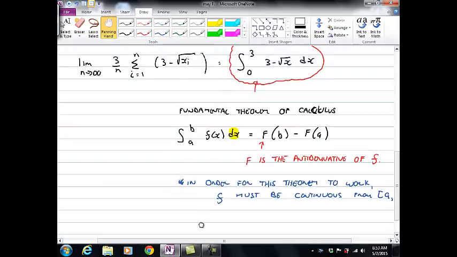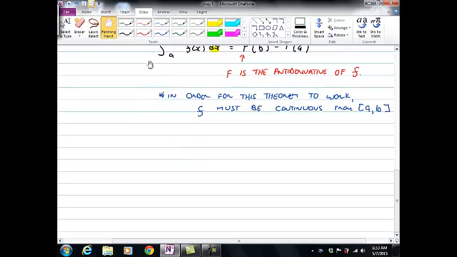Now I'm just going to write down what f is. f of x equals 3 minus root x. I want to know what capital F of x is, which means I'm taking the integral of that. So I'll give you hints. The first one is 3x minus, here comes the fun part.